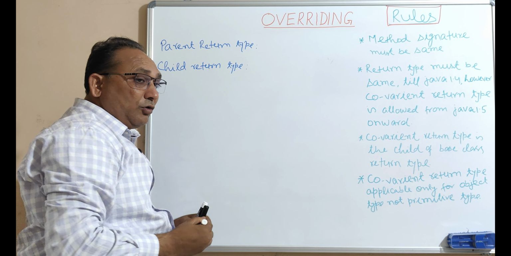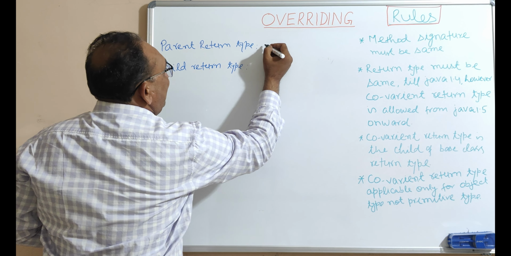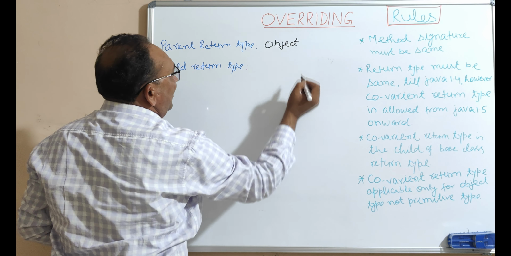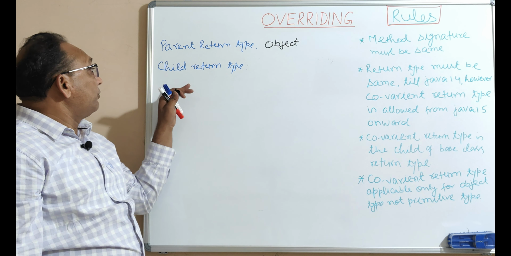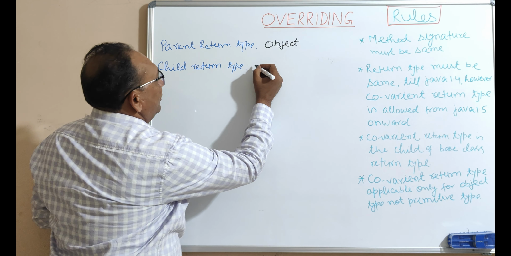Consider that the parent is returning the object type. What should be the valid return types for the child?